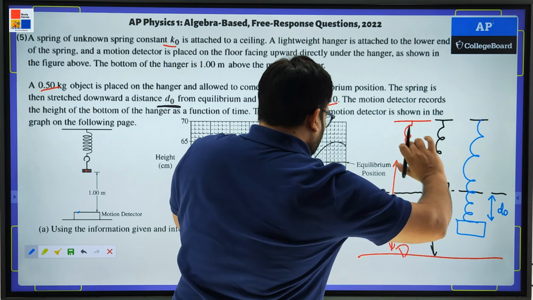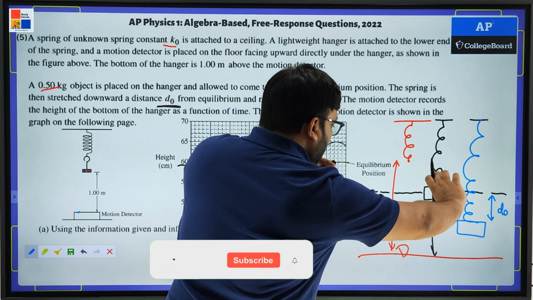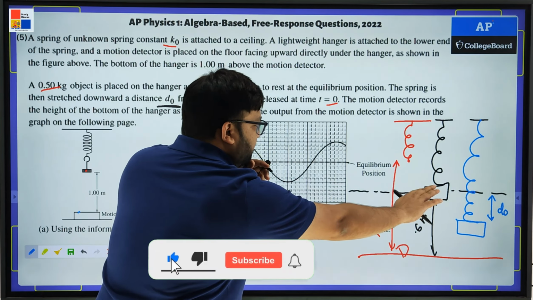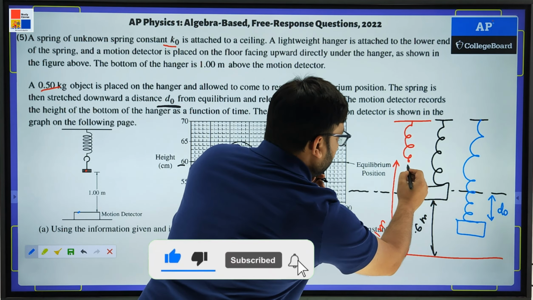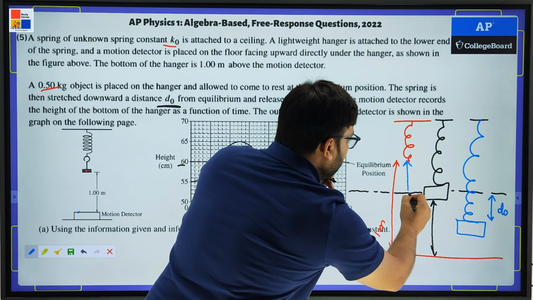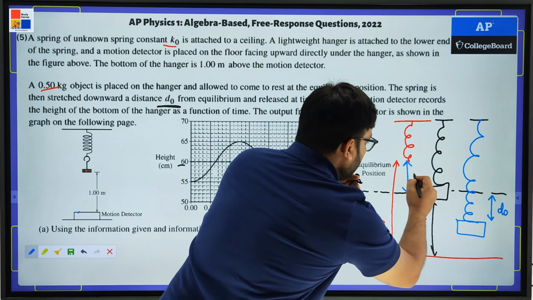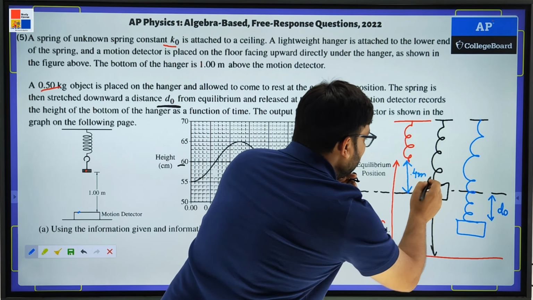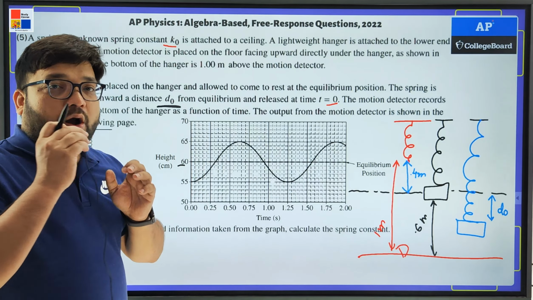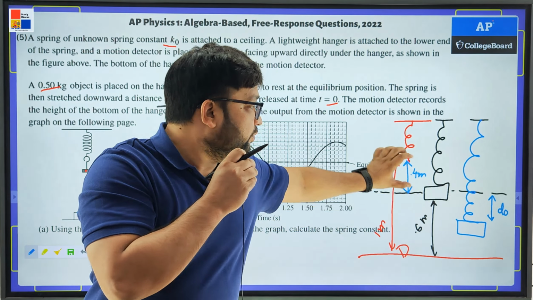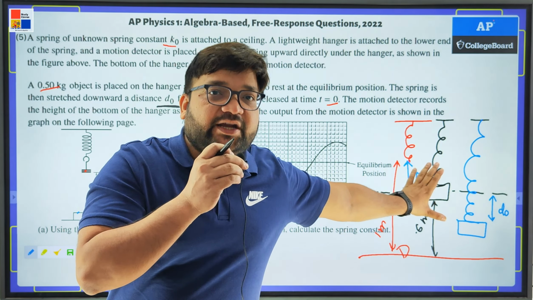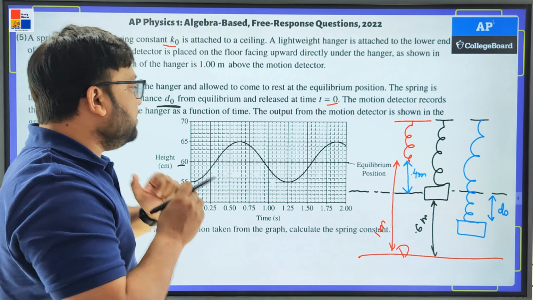I can see that the weight has pulled down this mass by this much amount, the natural length and the equilibrium position. How much is this? This is 0.4 meters. The spring got elongated by 0.4 meters due to the weight of the object hanging, right?